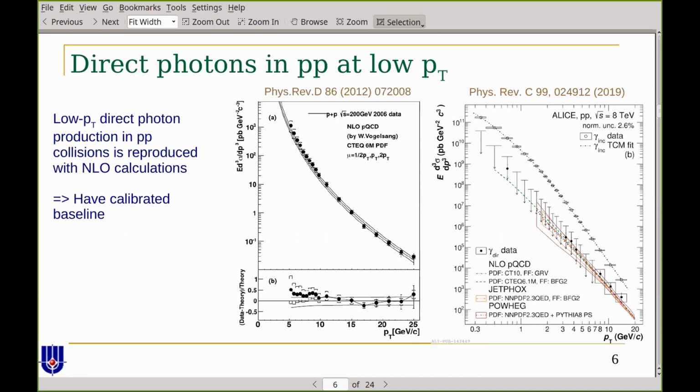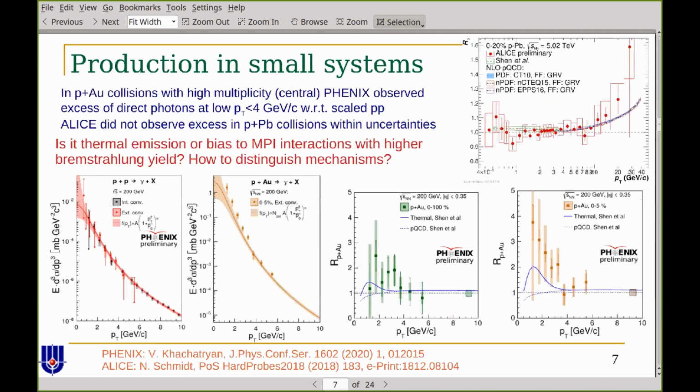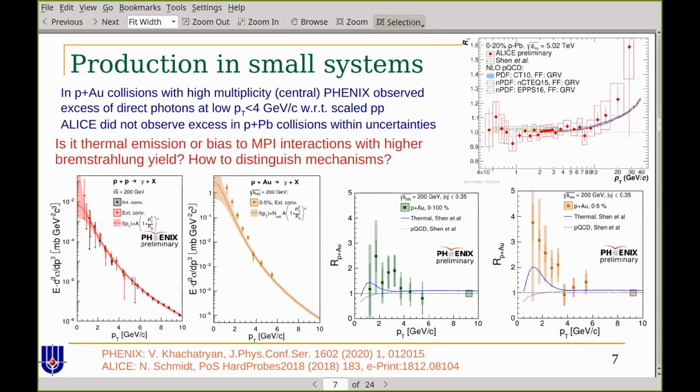Okay, so we have a good baseline and can try to understand what happens when we go to more complicated collisions. Let's start from small collisions, small systems. It is proton-nuclear ones.